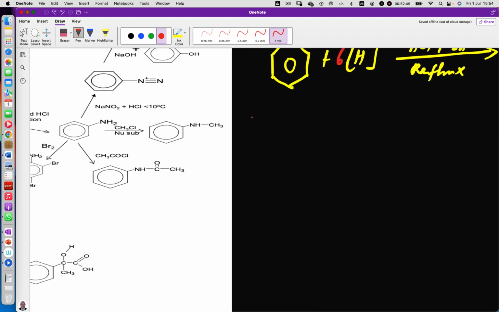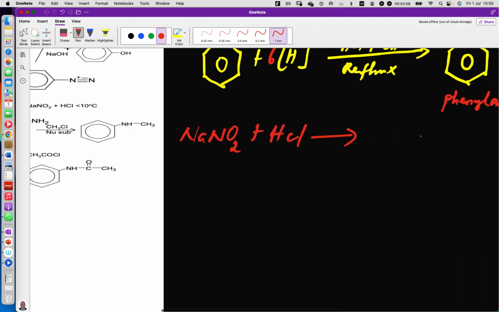So when sodium nitrite reacts with hydrochloric acid, there is the production of nitrous acid, HNO2, plus sodium chloride.